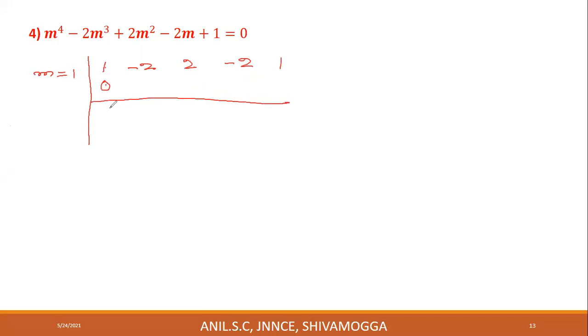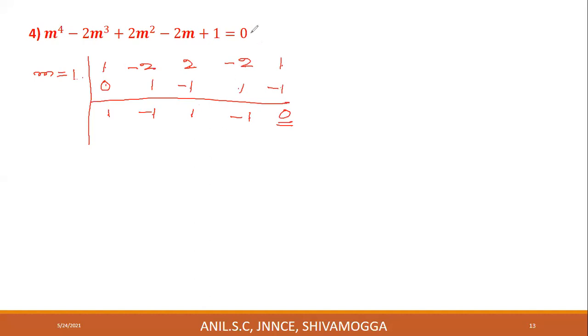Add these two. 1 plus 0 is 1. 1 into 1 is 1. Minus 2 plus 1 is minus 1. Minus 1 into 1 is minus 1. And 2 minus 1 is 1. 1 into 1 is 1. Minus 2 plus 1 is minus 1. Minus 1 into 1 is minus 1. 1 minus 1 is 0.